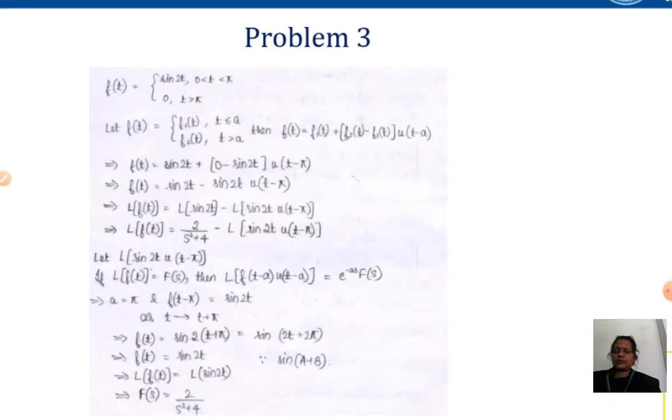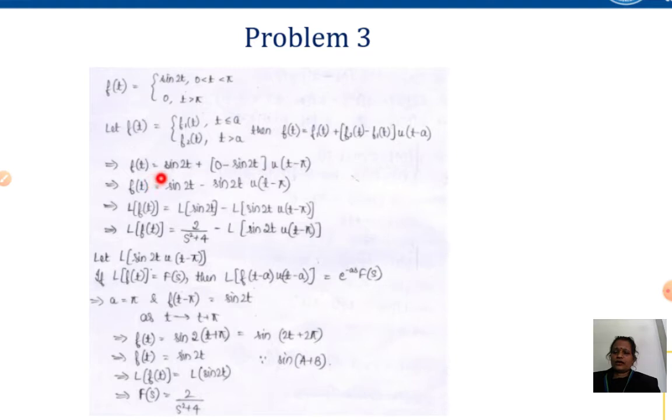As per the properties which we have discussed, f of t is f1 of t when t is less than or equal to a, and f2 of t when t is greater than a, can be written as f1 of t plus f2 of t minus f1 of t into u of t minus a, where a is, in this case, pi.